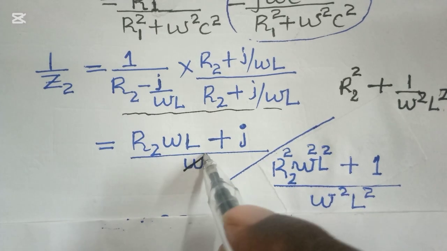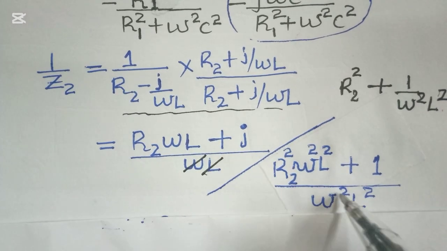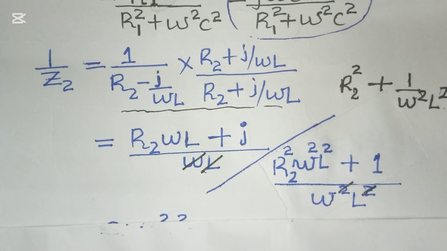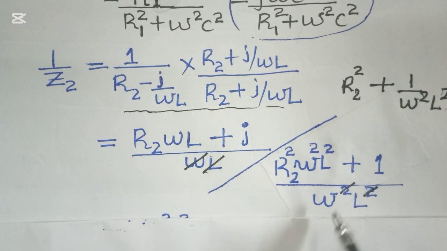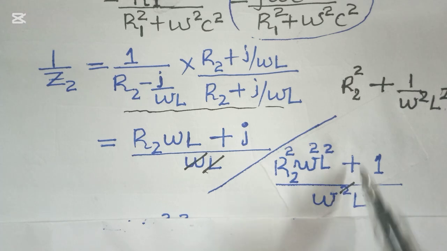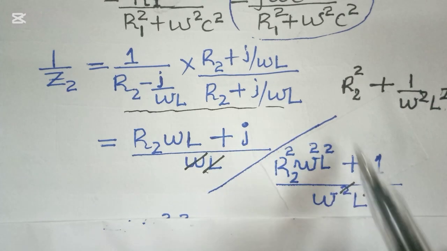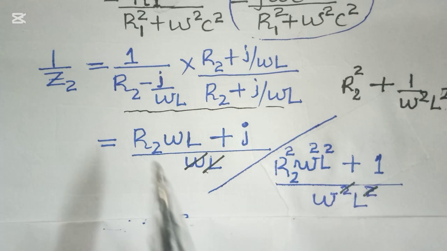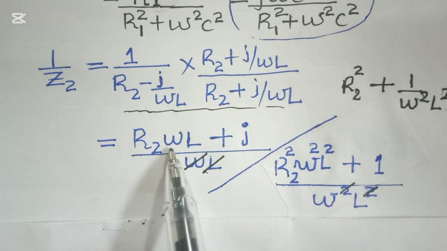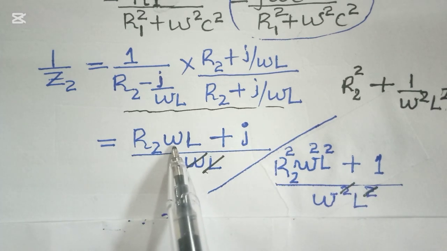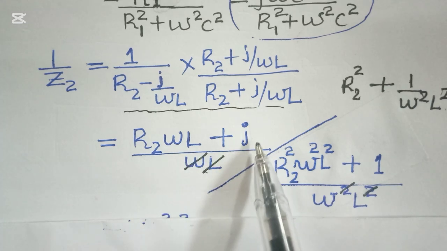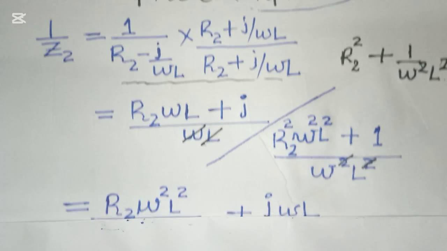So we can cancel one of these and cancel one of these, so that now we are left with WL. After that, we can move this WL to the upper side. So when we do that, we shall be left here with this as our denominator, and this one will be r squared. Now this becomes w squared l squared plus jwl, and this is what we have here.